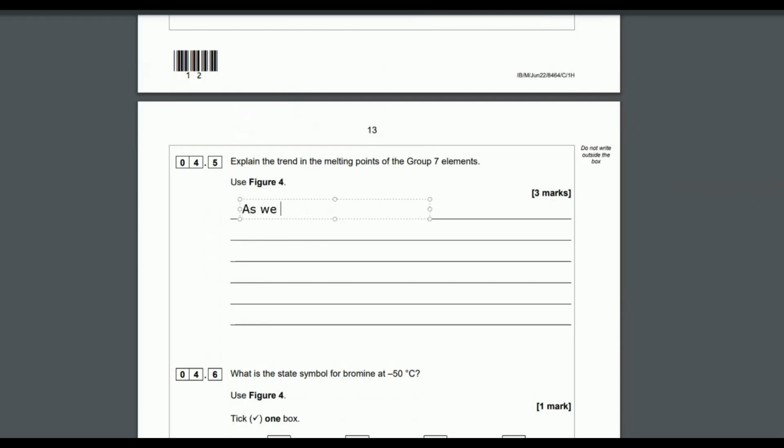So I'm going to say, as we go down the group, the melting point increases. Now they did say use figure 4, so that's my second mark. Fluorine is minus 220. Now, I need to know one of the others because it says use the data.